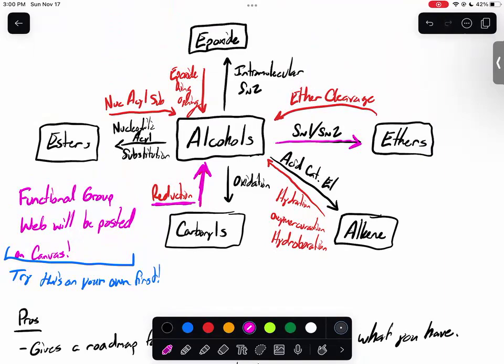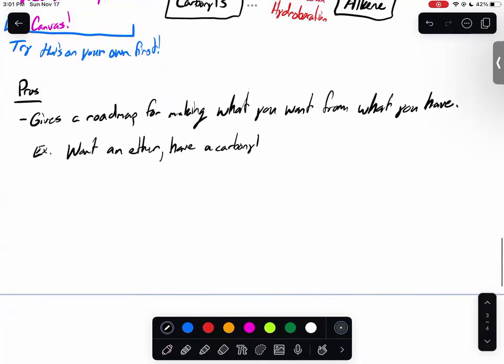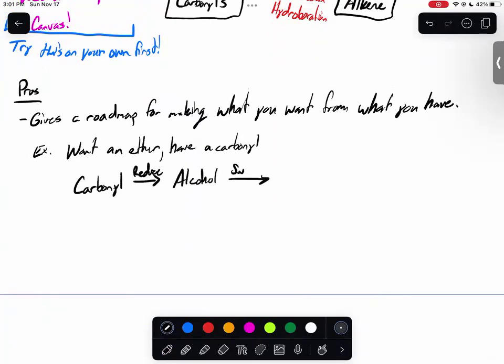And as long as you can guide yourself through these pathways, you're going to be able to find any functional group from any functional group you currently have. So just to reiterate that down here, you can take your carbonyl, reduce it to get the alcohol, and then do SN1 or SN2 to get to the ether.